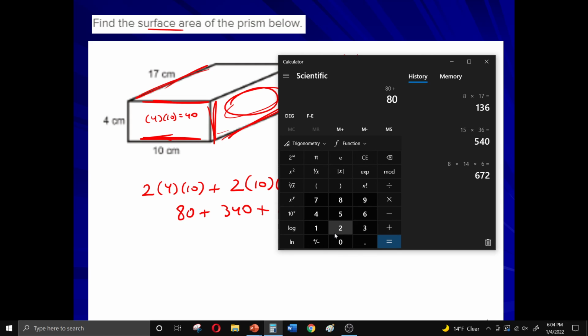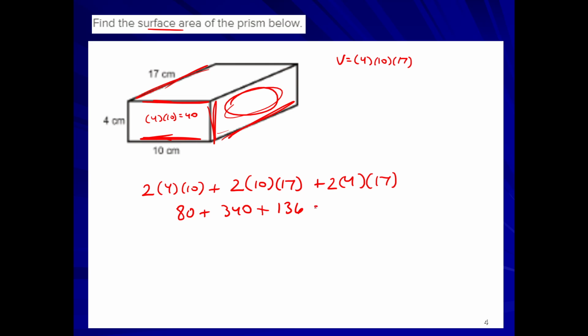So 80 plus 340 plus 136 gives me 556. And if this is centimeters, then this is centimeters squared, right? So volume is cubic units, but area, like always, we measure area in square units.